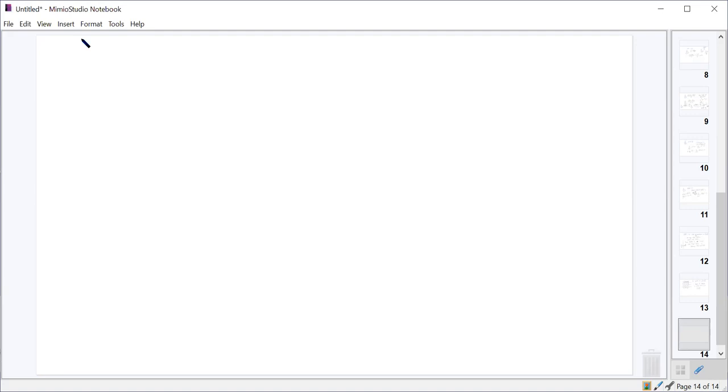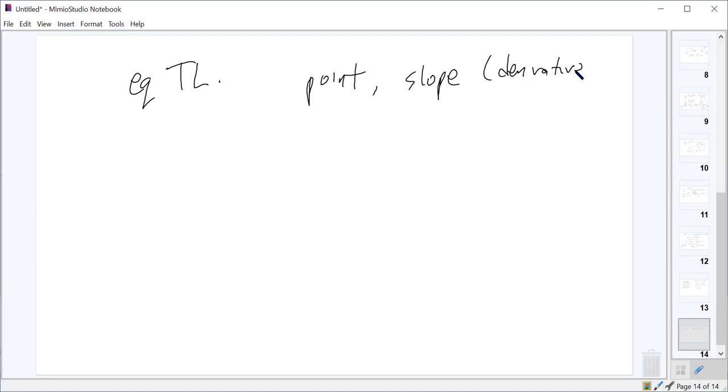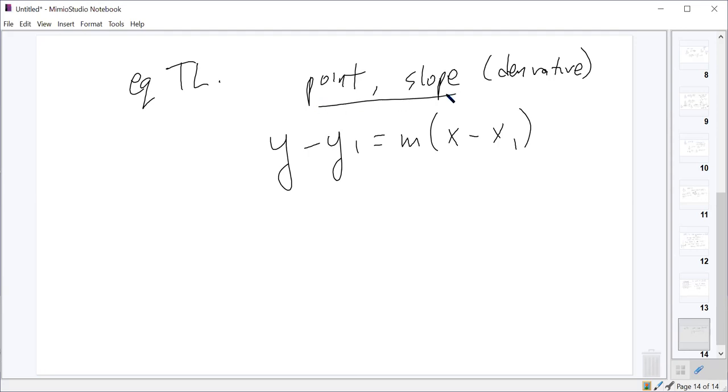So anytime they ask you to do that, just find yourself a point. They'll at least give you an x value, right? So you can find the y value by plugging it in, find your slope by using your derivative. And my suggestion is always just put it into point slope form. That's why you have a point and a slope, is to put into point slope form.